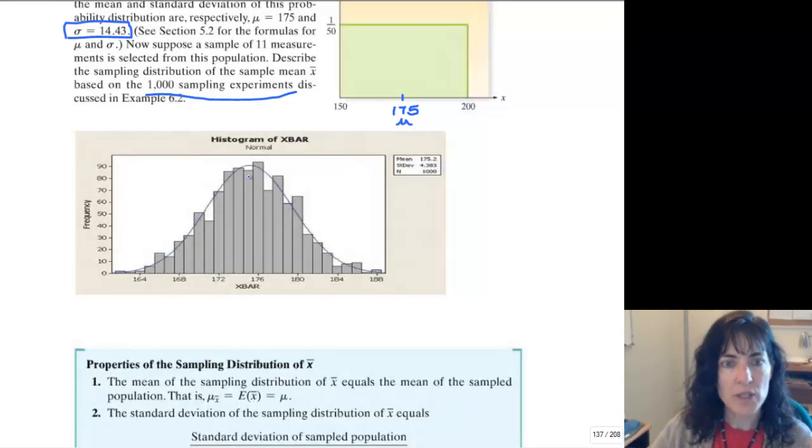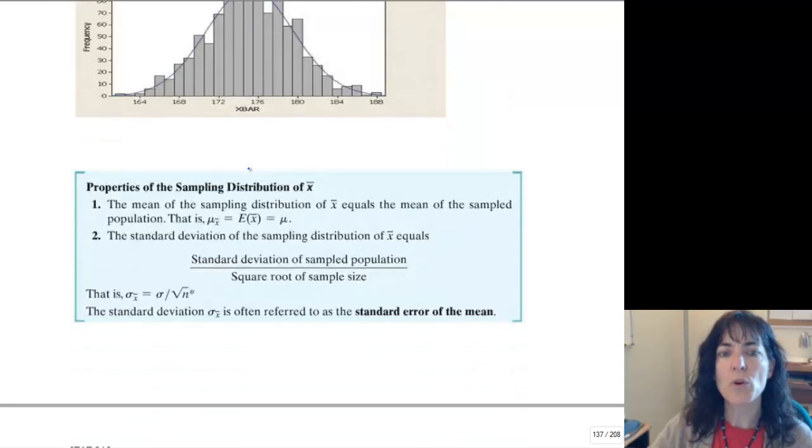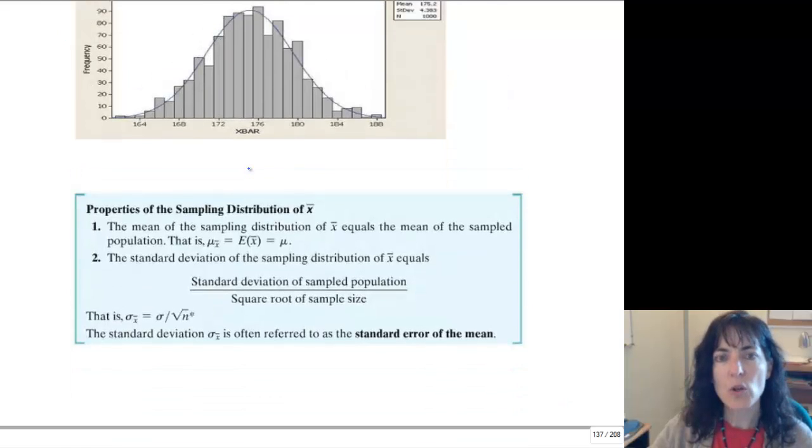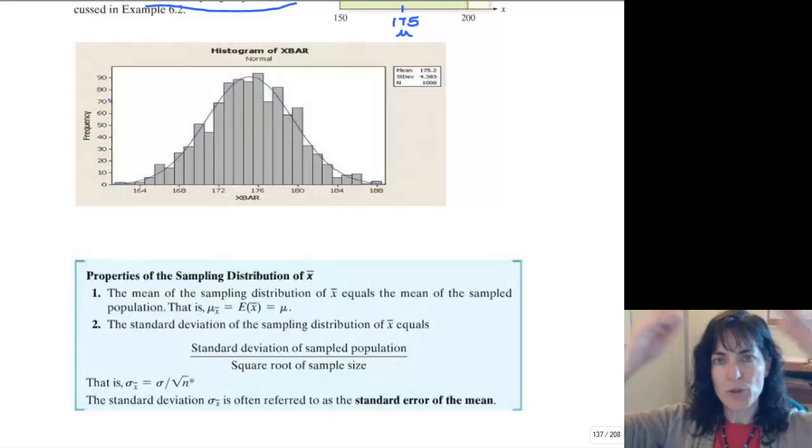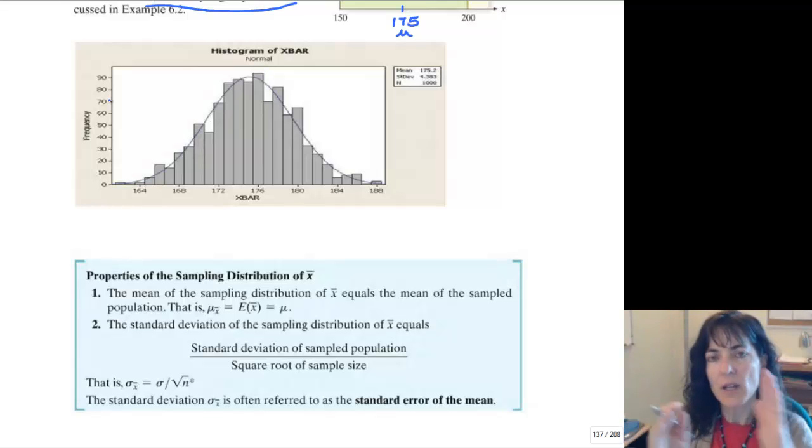And the means actually look pretty normally distributed. And we did 1,000 experiments, so that was a lot, but we have a mean right here real close. There's 175 right there. It looks like it's right tip top in the center of there. And so that's the point, is that the more samples that we take, the closer the distribution of all the means that we collect, the closer that is to our actual mean.